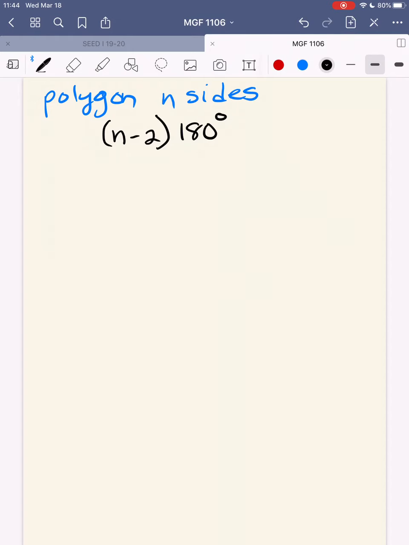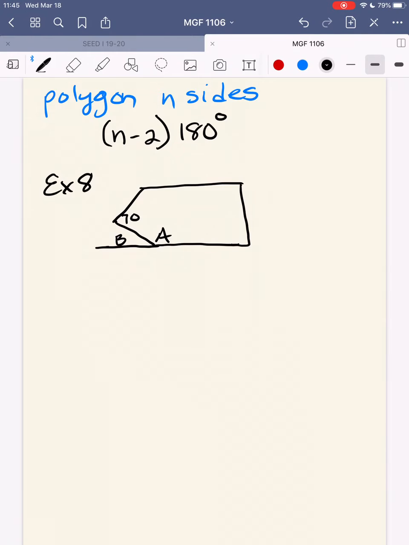Okay. So if we want to look at example 8, which is a picture, I have this shape here. I know this is angle A and this is angle B. I'm told that this is 70 and this angle here is 150.